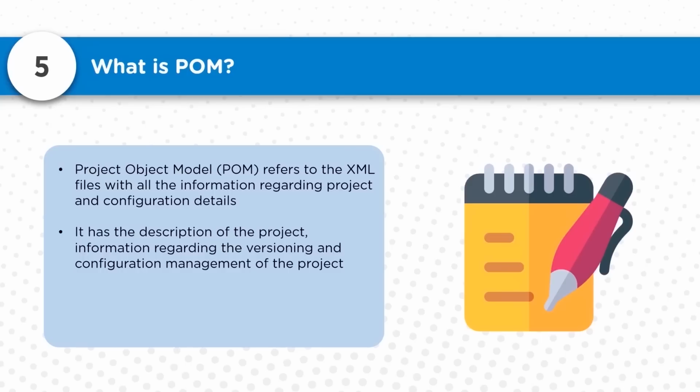All these things can be implemented with the help of build tools. Build tools can really help us with automation, and we can automate build processes simply with the help of the pom.xml file.